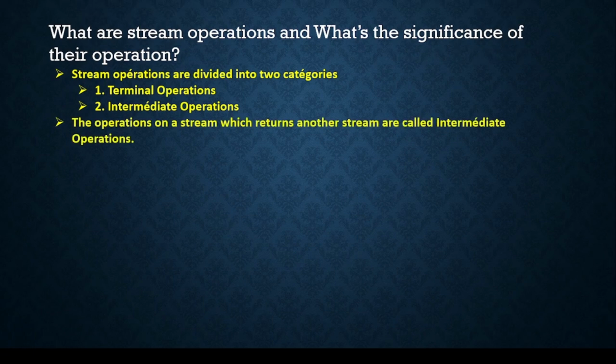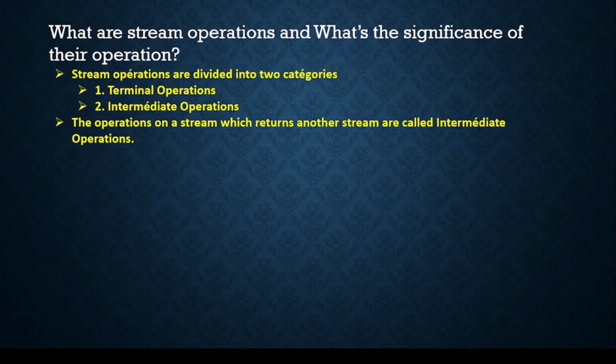Basically, an operation on a stream which returns another stream is called an intermediate operation. In another way, intermediate operations are the operations where, if we perform some operation on a stream, for example a list taken as a stream, it returns some result.